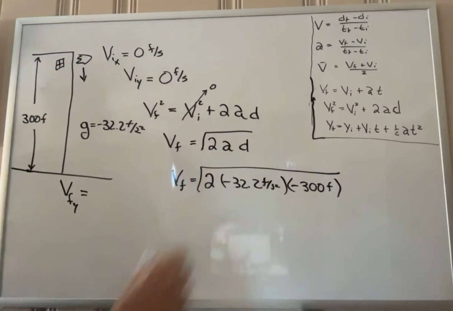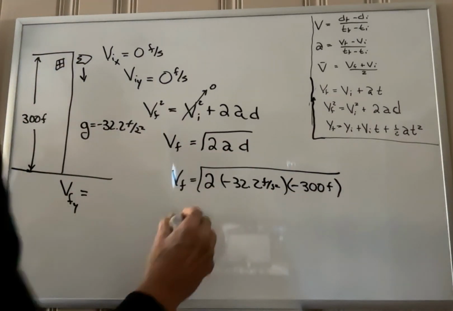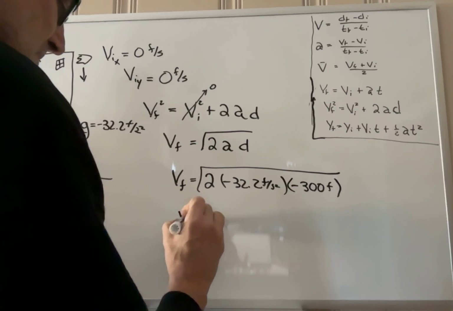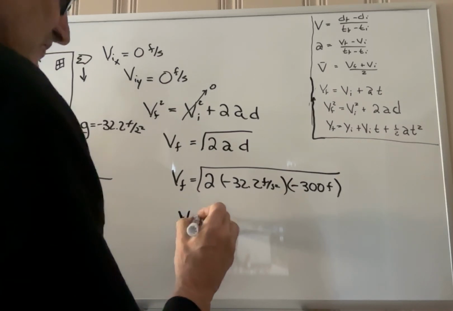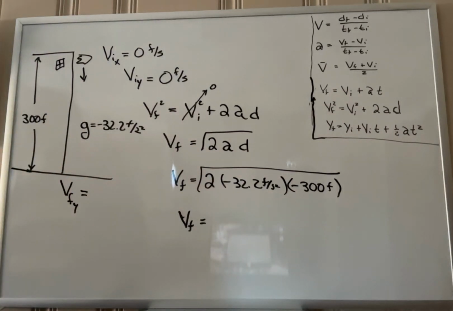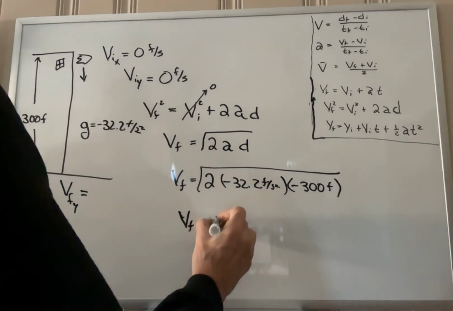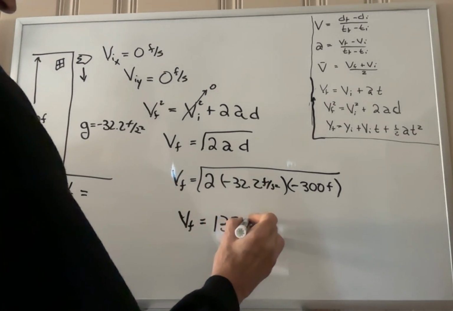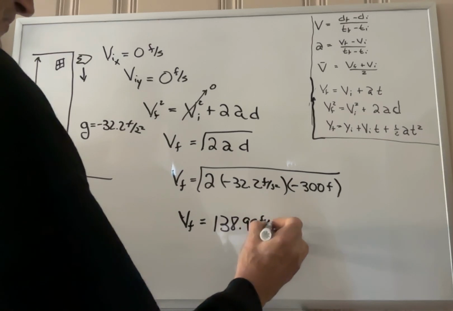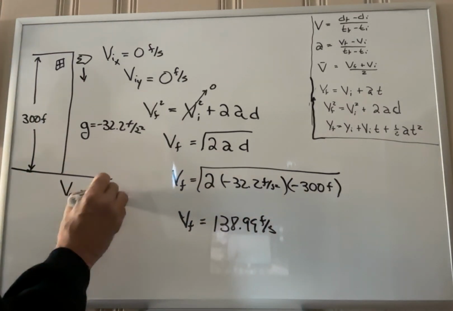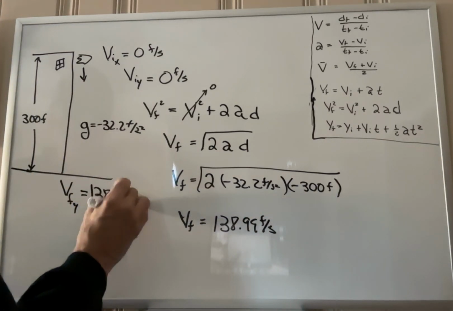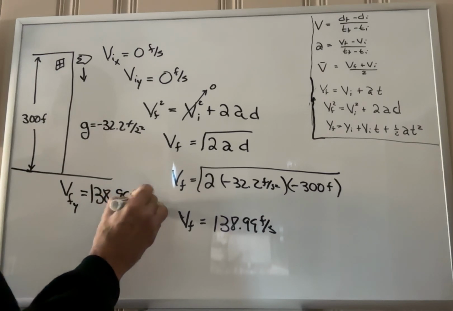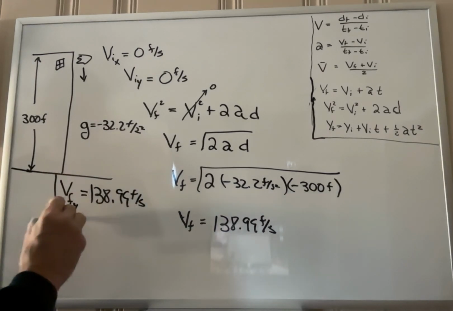Yes, we don't want a negative under the square root because then it gets too complicated. So I multiply it all together, take the square root, and I get my velocity final as 138.99 feet per second. So I found my final velocity in the y direction.